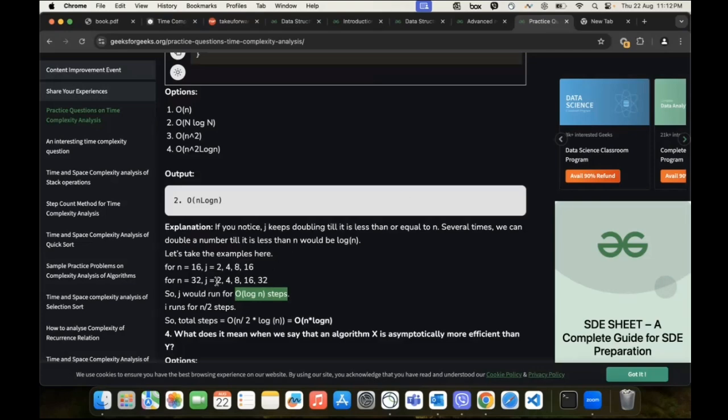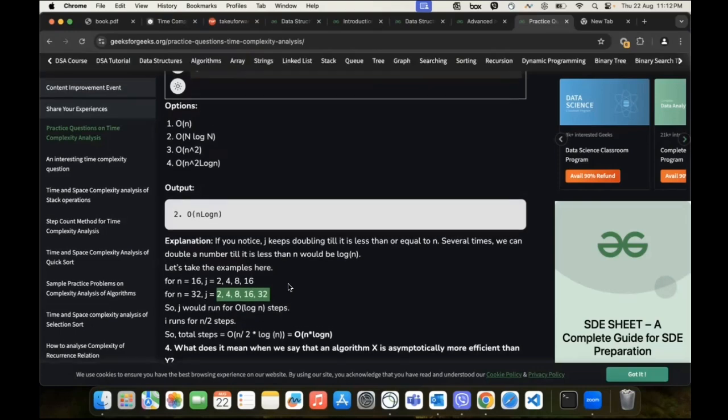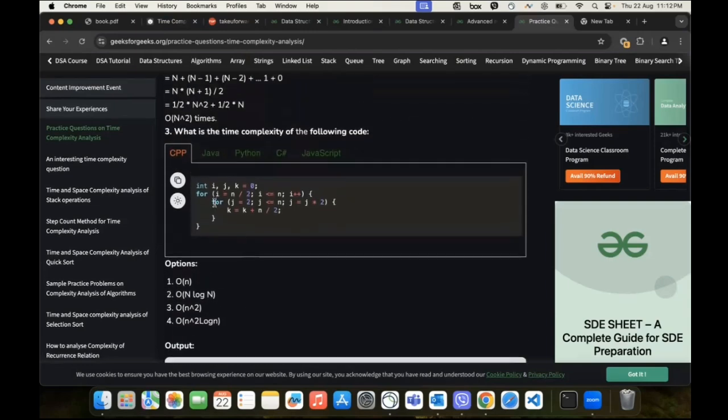This series is similar. So the inside of the loop will run log n times, and the outer loop is n by 2, meaning n times. So n into log n.